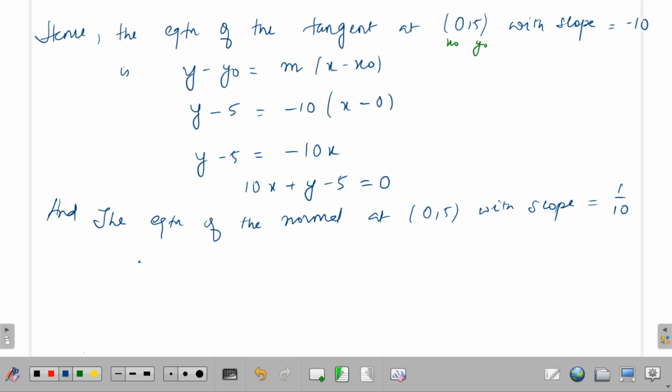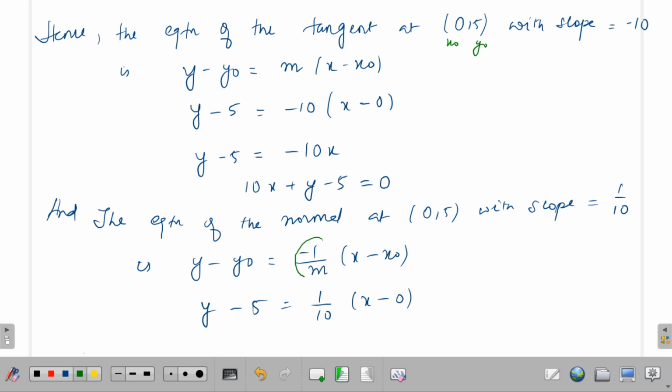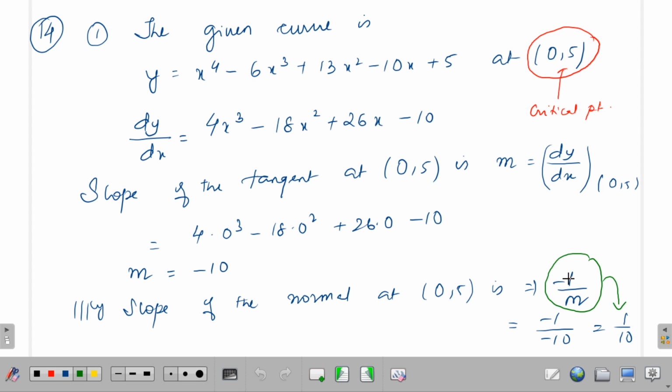It's nothing more than y minus y naught is equal to minus 1 by m times x minus x naught. So it will be y minus 5 is equal to 1 by 10 times x minus 0. Remember, over here I got minus 1 by m, but I didn't write minus 1 by 10. Let me go back again. Focus over here. See, minus 1 by m, I call it to be 1 by 10.